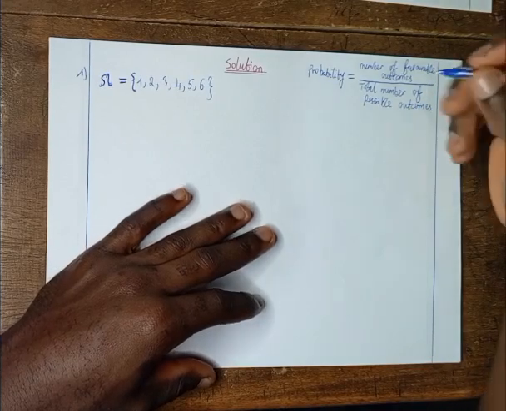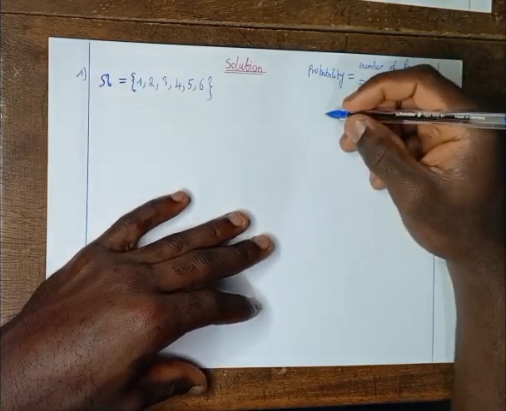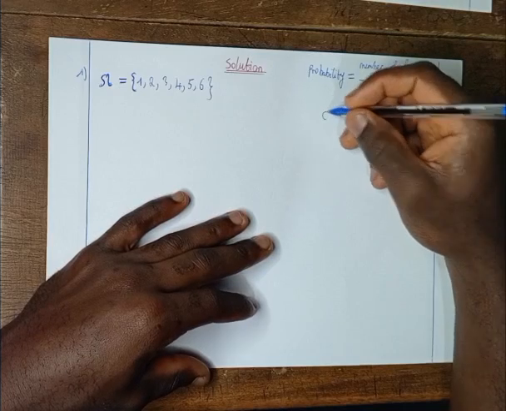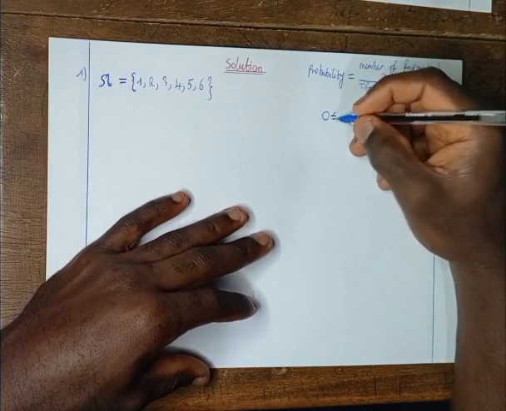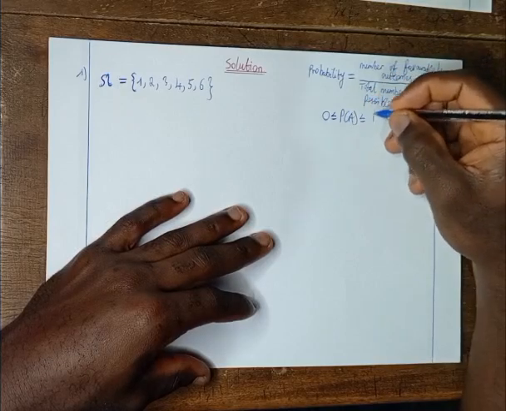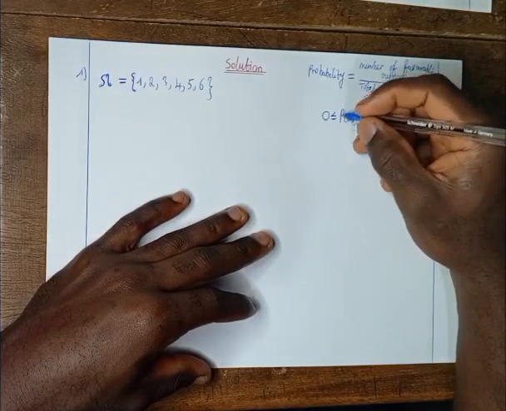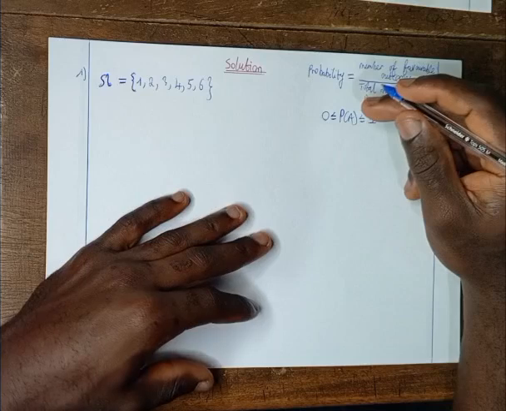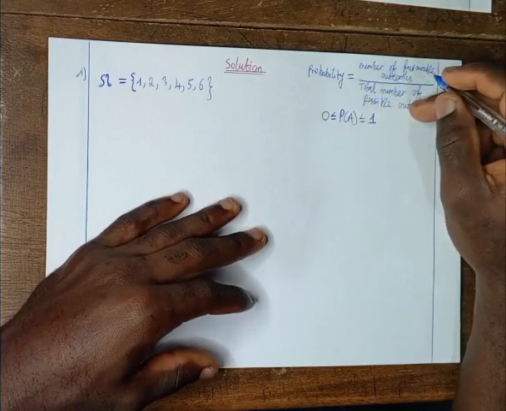And we know for any event A, the probability of the event A lies between 0 and 1 inclusive. That means probability can never be negative and probability can never be greater than 1.